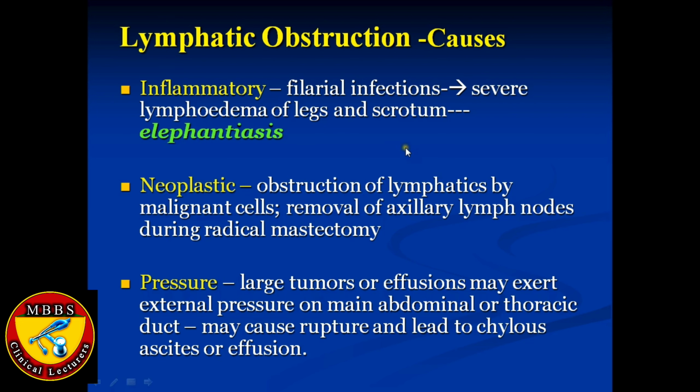The conditions where lymphatic obstruction is commonly encountered are infectious states like filarial infection. The microfilariae, the larvae of these filariae, go and lodge in the lymphatics and thereby block them. With the blockage in the lymphatics, the fluid beyond, prior to that drainage area, is unable to be drained and it accumulates.